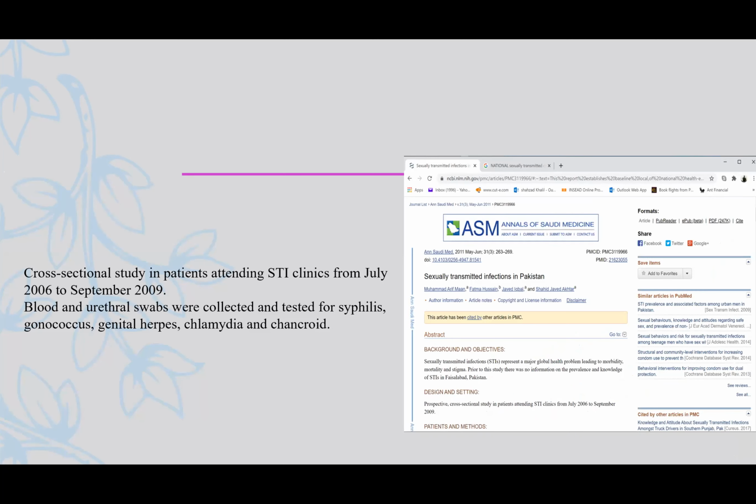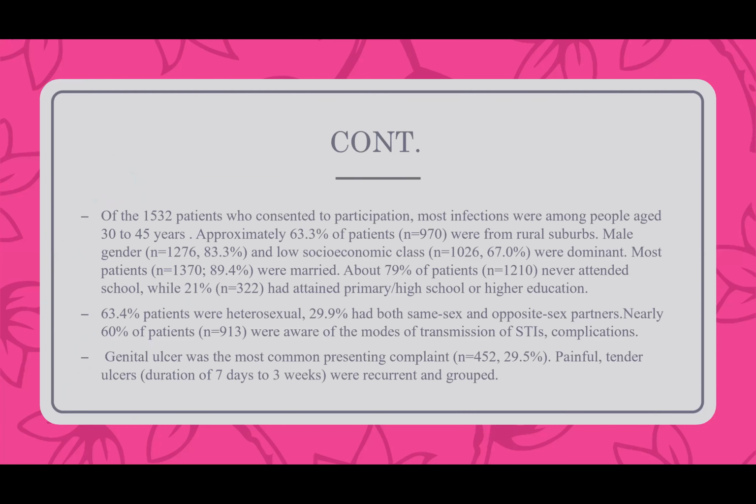Then one of the articles published on sexually transmitted infections in Pakistan. It was a cross-sectional study conducted on patients attending STI clinics from July 2006 to September 2009. In this study, blood and urethral swabs were collected and tested for syphilis, gonococcus, genital herpes, chlamydia, and chancroid. Out of 1,532 patients, all consented to participation.